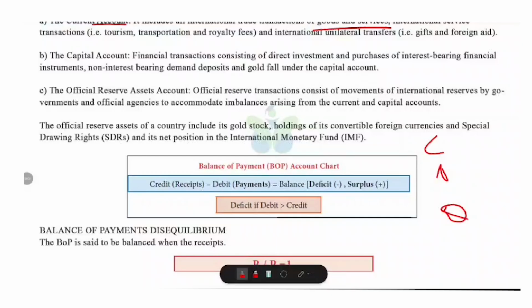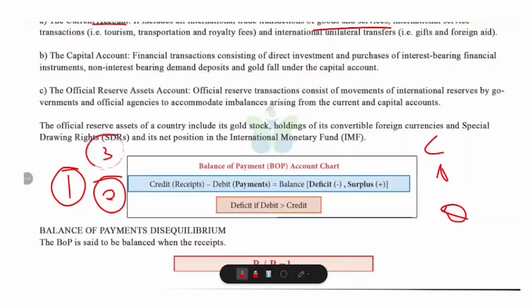Credit transactions are inflows of money into the country from abroad, and they increase the foreign exchange reserves of the country. What are the principal credit items here? Exports of goods and services, that means when foreigners buy your country's goods or services. Then transfer receipts, that means one-way transactions, gifts, remittances, aid from foreigners and so on.